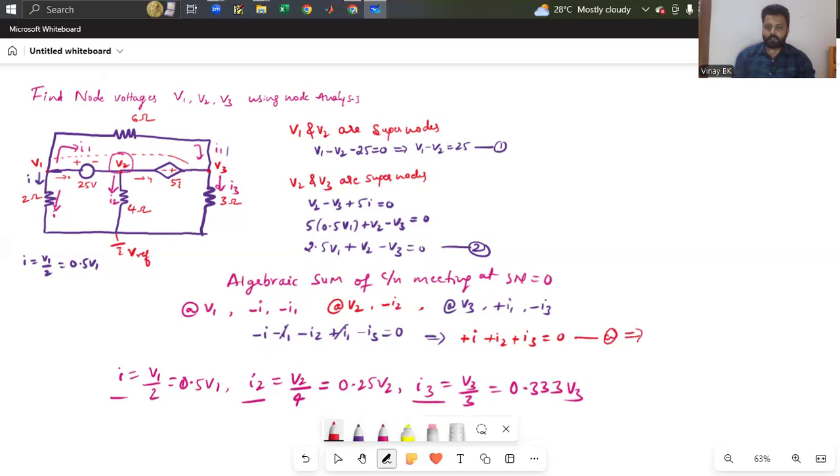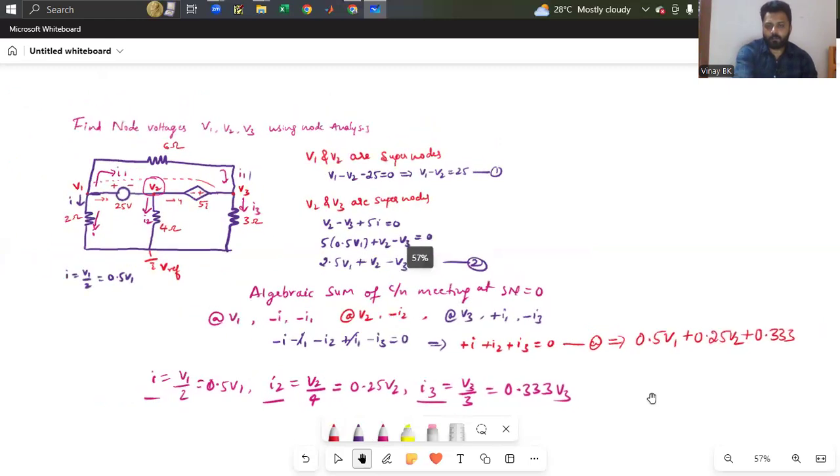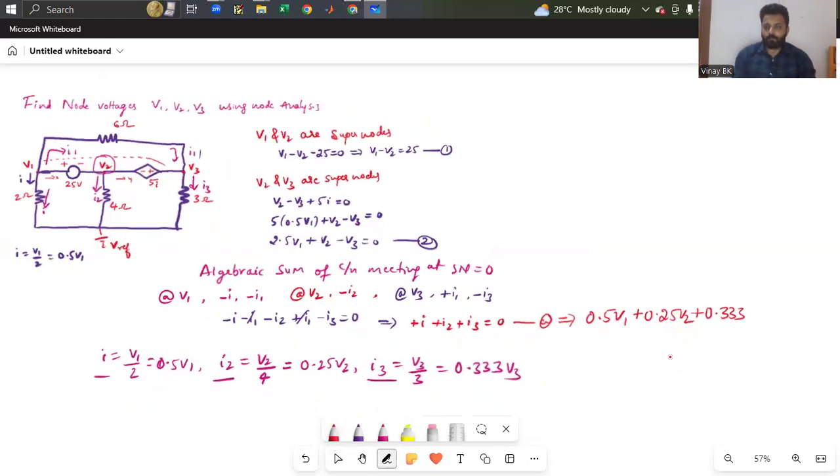You can rewrite this equation as 0.5 V1 plus I2, that is 0.25 V2, plus I3, that is 0.333 V3 equals 0. This is equation number 3.